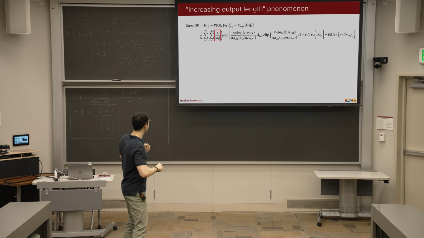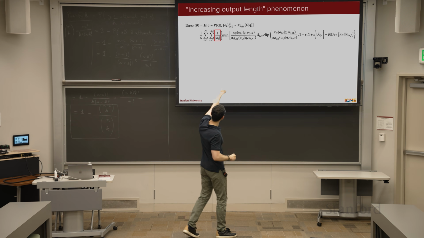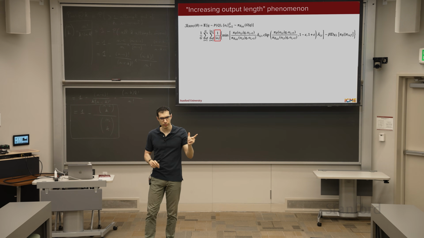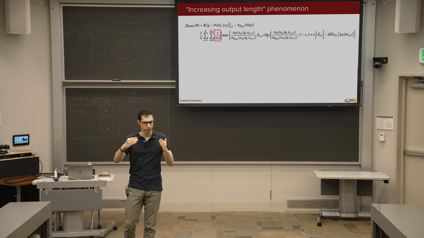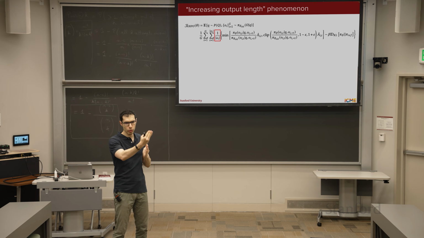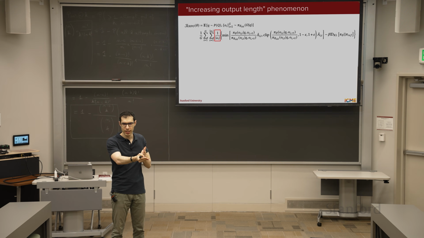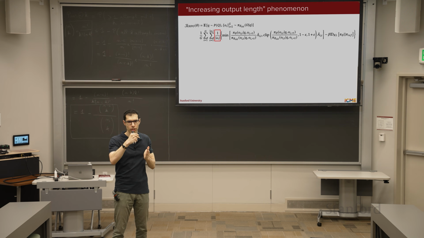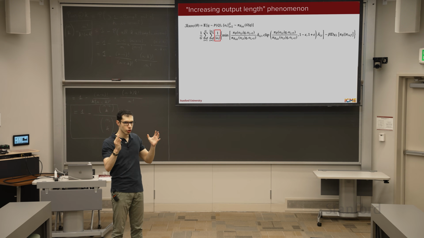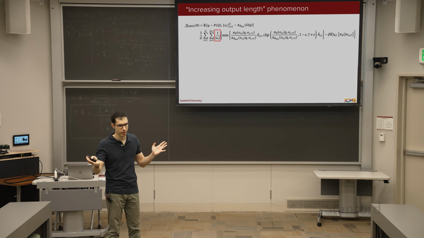And the term on the right of this is token specific. So in other words, the contribution of a token with respect to the objective function depends on the output that it is in. If the token is in a short sentence, it's going to have a bigger weight than in a longer sentence.